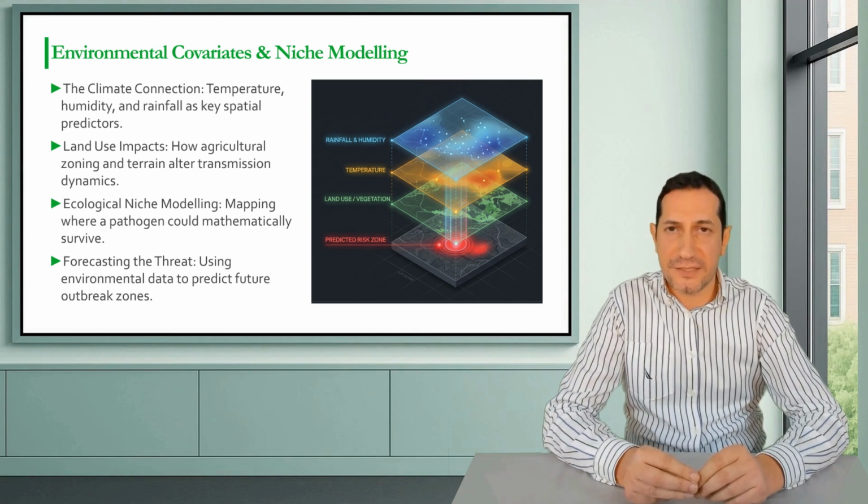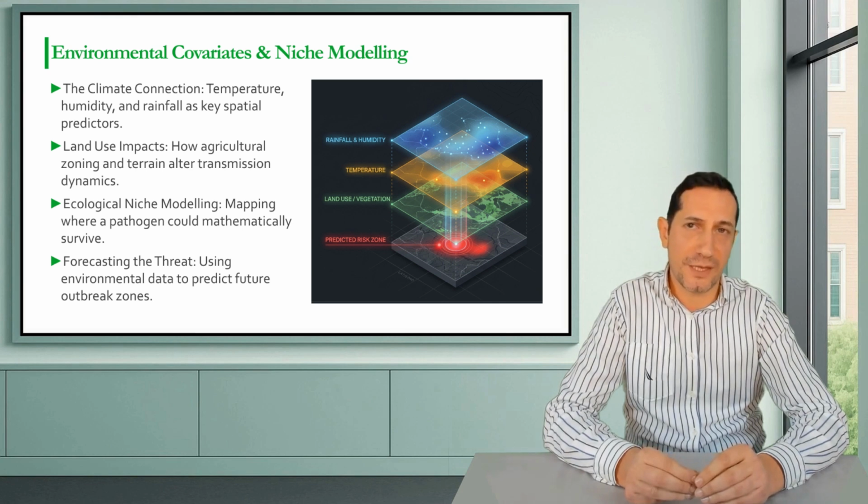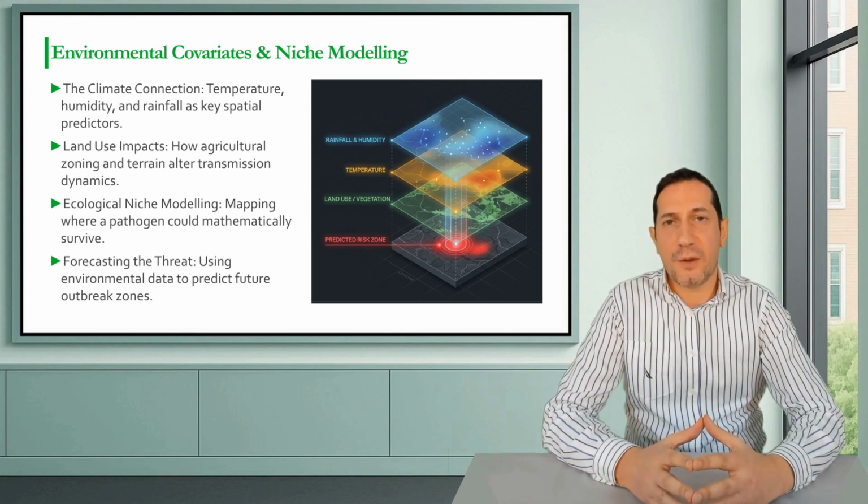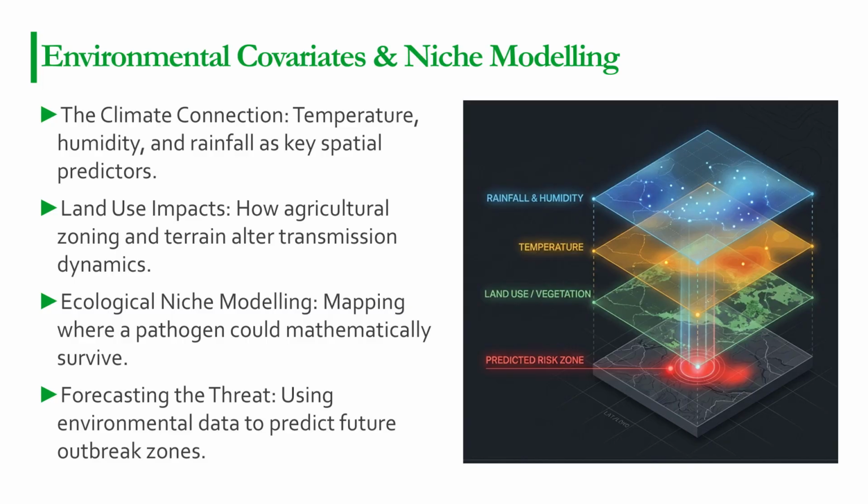Disease patterns in space are often shaped by climate factors such as temperature, humidity, and rainfall, and by management factors such as grazing practices or housing systems. We can extract these variables from raster layers and link them directly to farm locations for modeling.